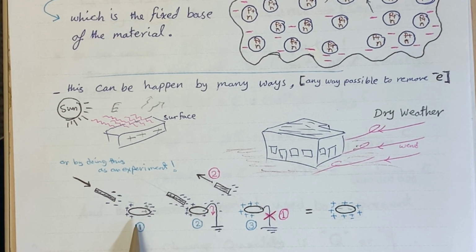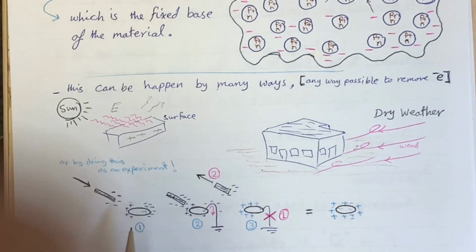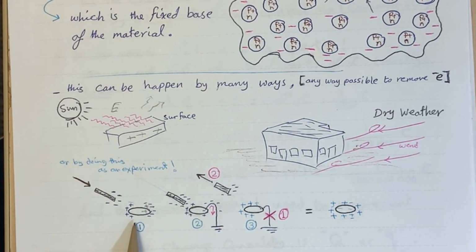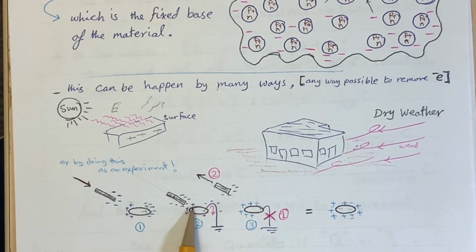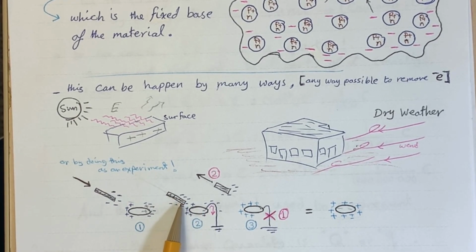Now, if we need to make it permanently charged, we need to let some negative charge, for example, free to escape from that side by grounding. By grounding, now these negative charges will escape to the ground. Again, if we make this negative charge go away, then the negative charge will return back from the ground.